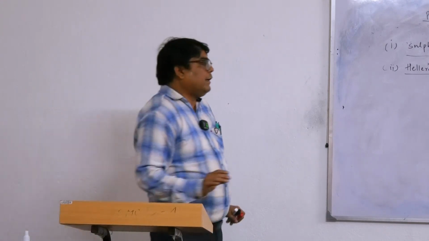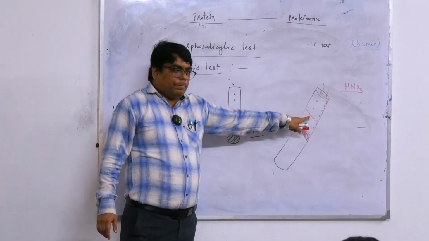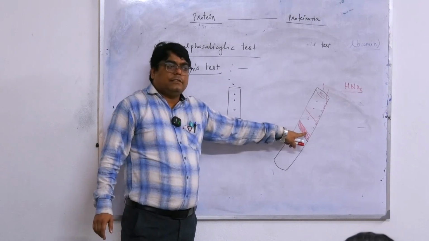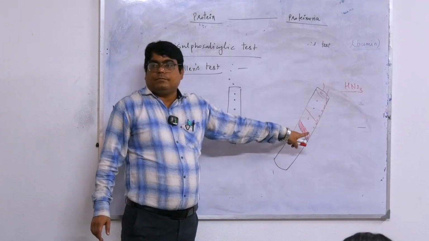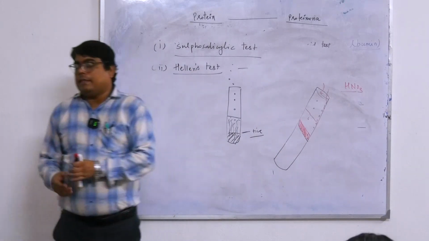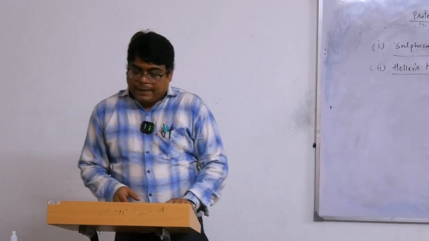That's why it is important to add HNO3 along the side wall of the test tube. If this ring appears, your test is positive. So this is another method besides heat coagulation. Now make it a heading: test for protein.